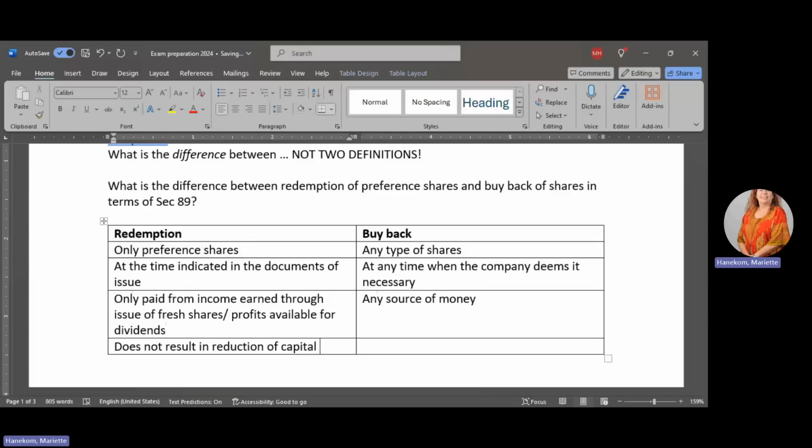The common law rules that company must maintain its capital. Even before those common law rules were changed in the 2004 legislation, the Companies Act already provided for redemption of preference shares, because redemption of preference shares does not reduce the share capital of the company.